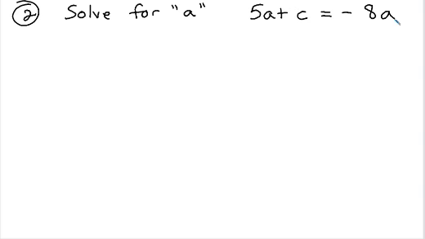So if I was doing a regular algebra problem, and we just finished a unit where we had variables on both sides, I normally want to get my a's together. So I would subtract 5a from both sides. Remember, we're solving this for a. So I need to get the a terms together. So on this side, they go away. And I have c equals, these are like terms, so I have negative 13a.